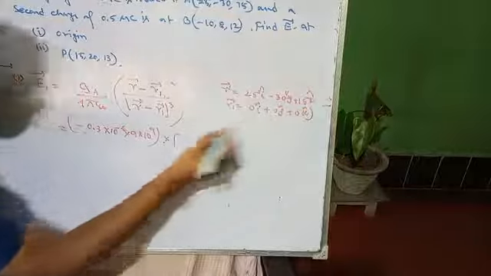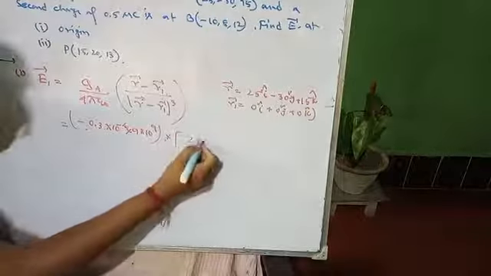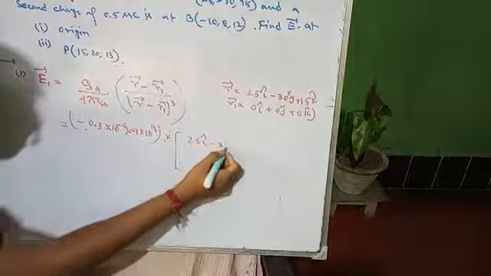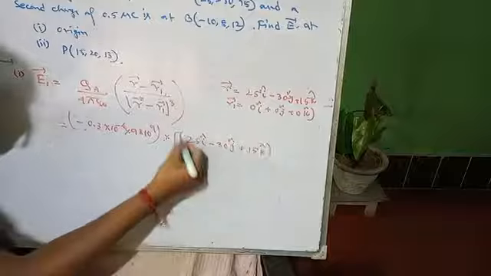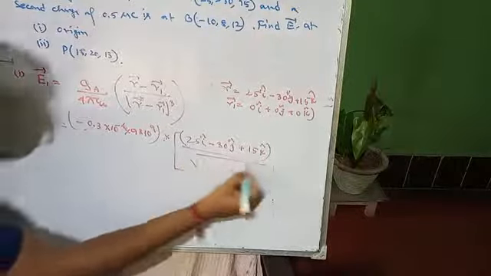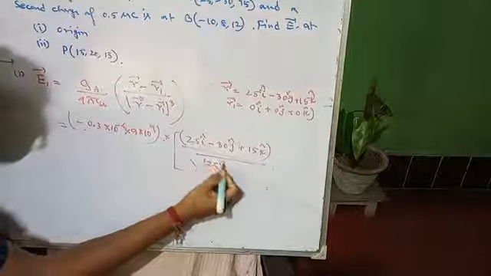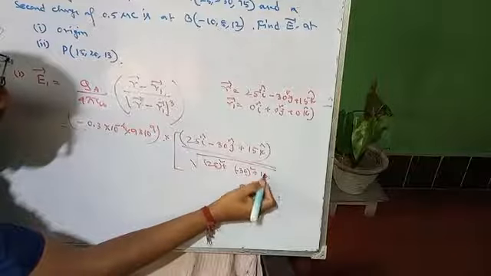So R vector minus R1 vector will be 25 i cap minus 30 j cap plus 15 k cap, divided by its modulus, that is root over 25 square plus minus 30 square plus 15 square.